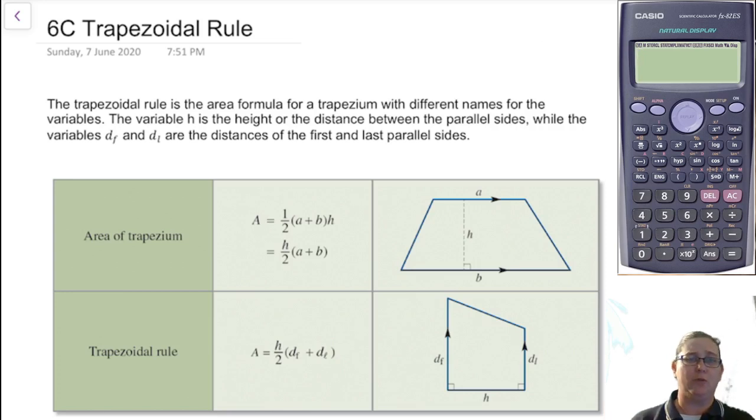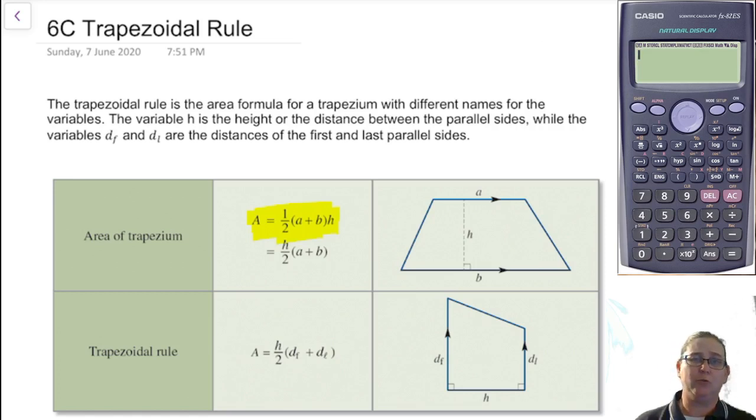In the trapezoidal rule, as you can see here on the screen, we have the area of a trapezium. So the area of the trapezium is a half of (a plus b) times h.